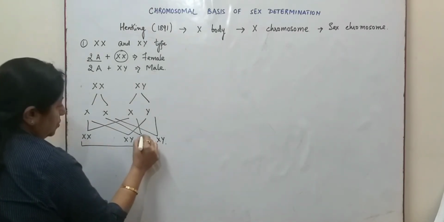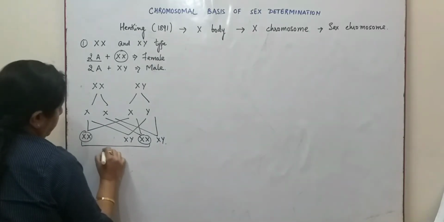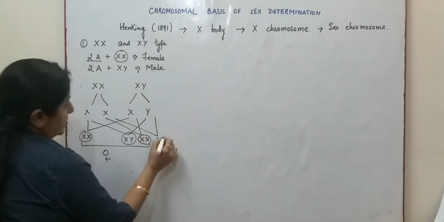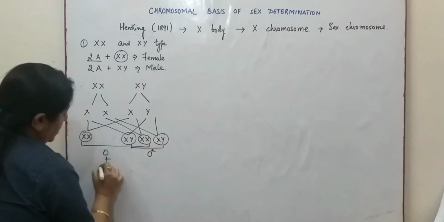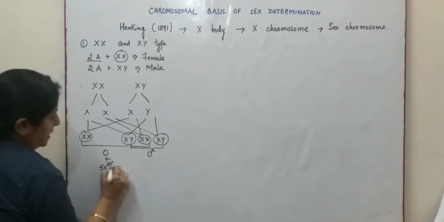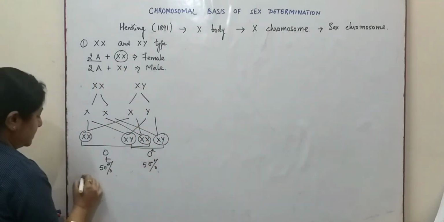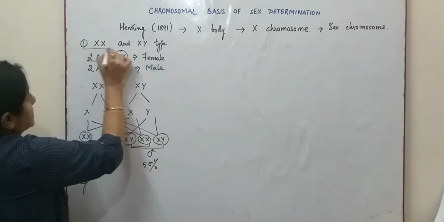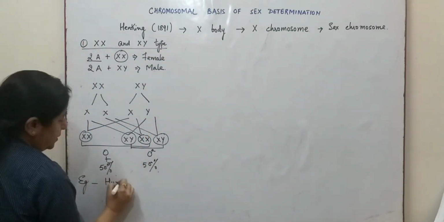These two will form a female, and this will be a male. So the chances are 50% male and 50% female. This XX and XY type is seen in human beings.